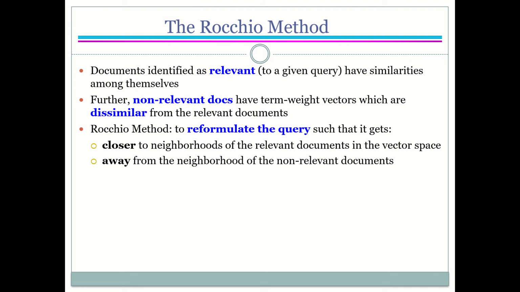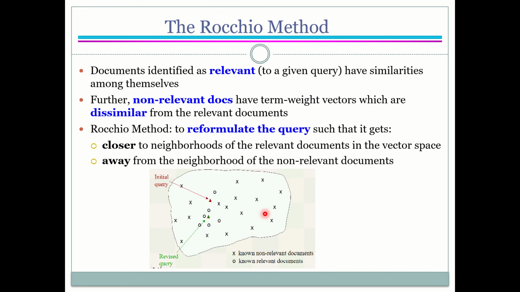So using the Rocchio method, the whole idea is to reformulate the query such that it gets closer to the neighborhood of the relevant documents in the vector space and away from the neighborhood of the non-relevant documents.